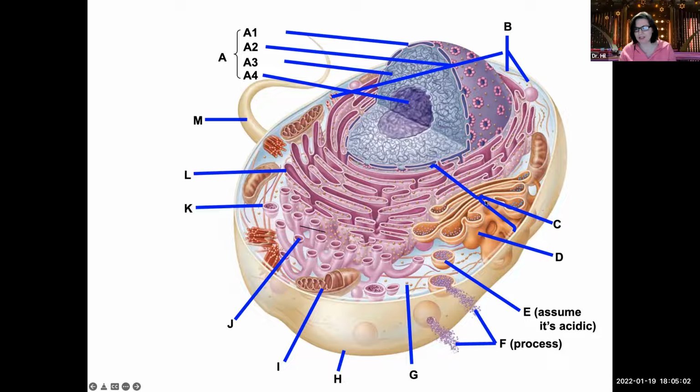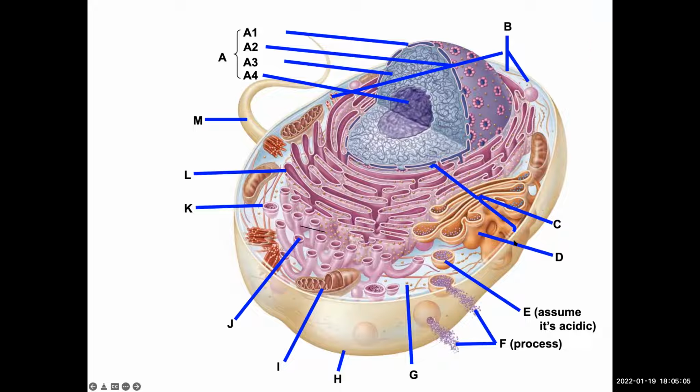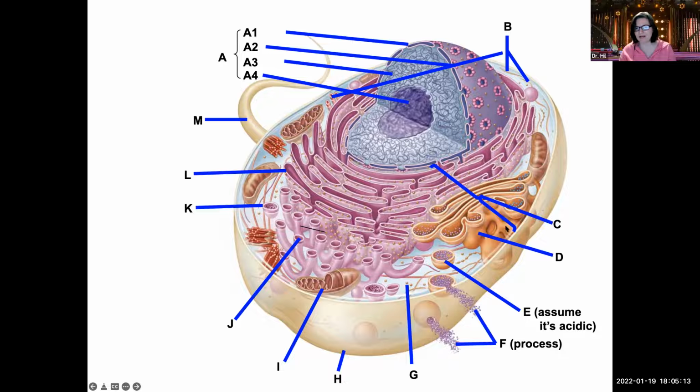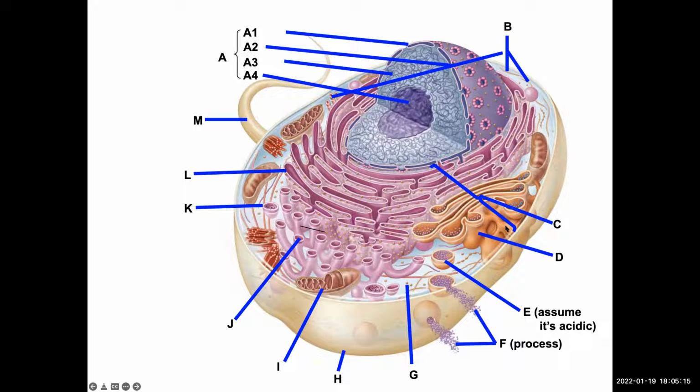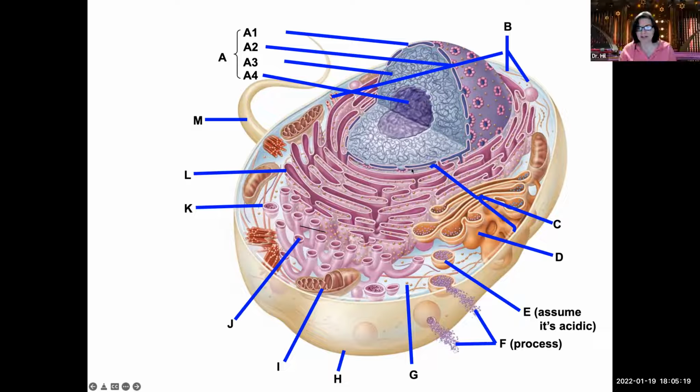What is C? Is that the rough endoplasmic reticulum? This part is, but this is kind of denoting the whole thing. What would you say then? Is that the nuclear envelope, that part then? This part is, yep.